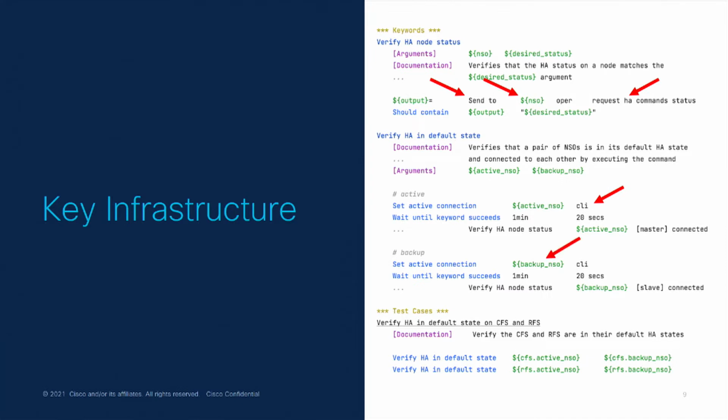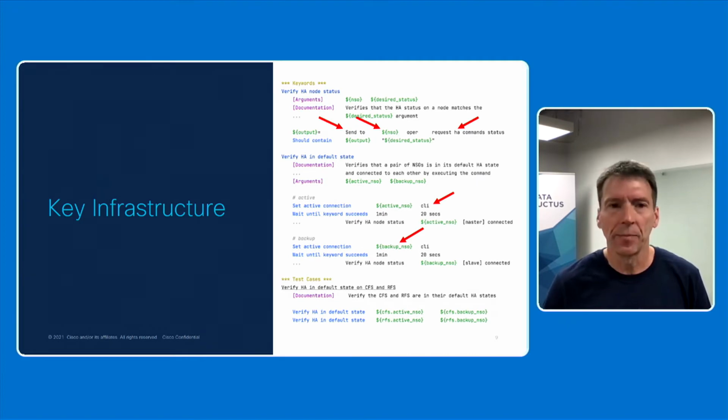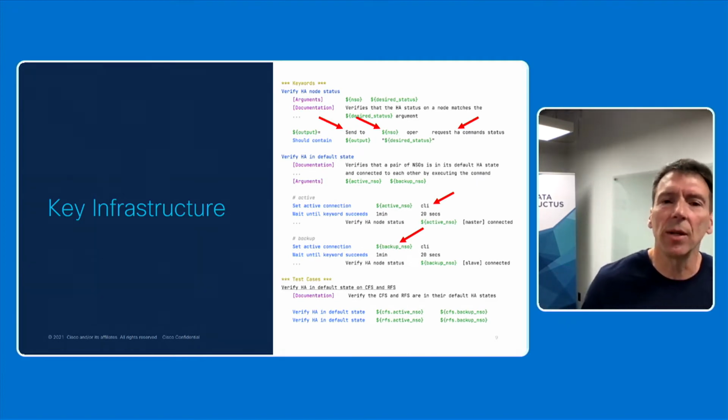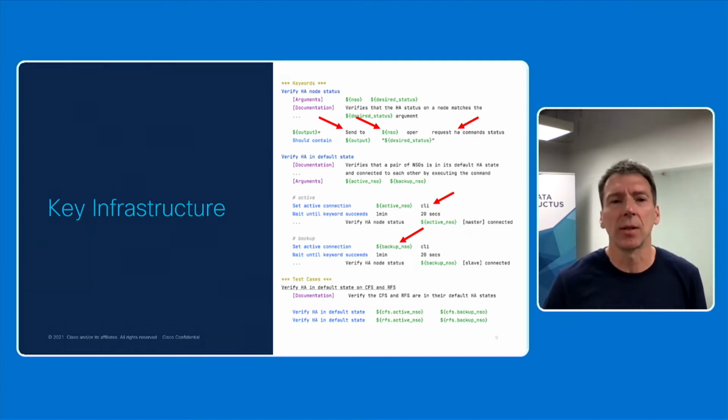And then in this particular example, you can do more than just a single device. Here there's an active NSO, and this one is changing to send a similar command to the backup NSO. Okay, so that's the key infrastructure that you've already built just to do your tests.